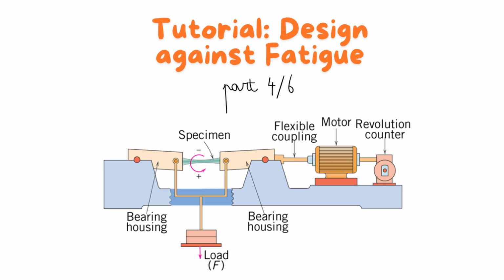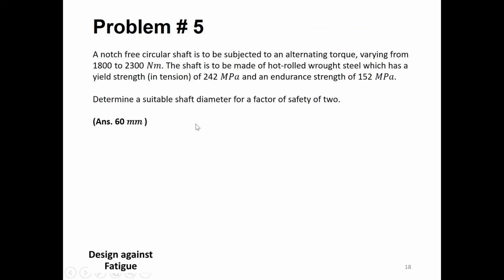Okay, another problem here, problem number 5 on fatigue, on designing against fatigue. It says a notch-free circular shaft is to be subjected to an alternating torque varying from 1800 to 2300 Newton meter.